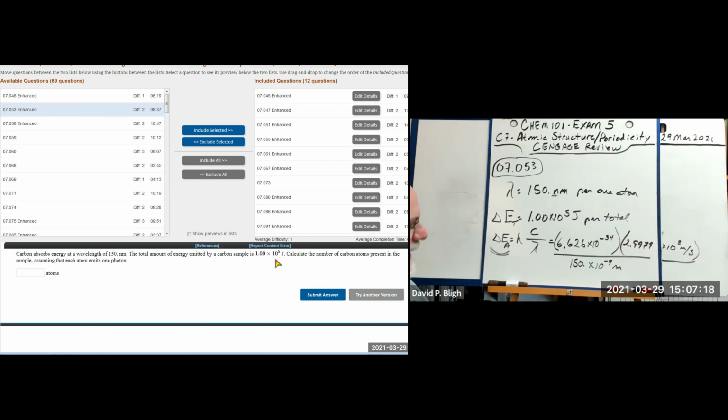So this is per atom. 6.626 exponent 34, change sign, and 2.9979 exponent 8 times, and then 150 exponent 9, change the sign, divide.